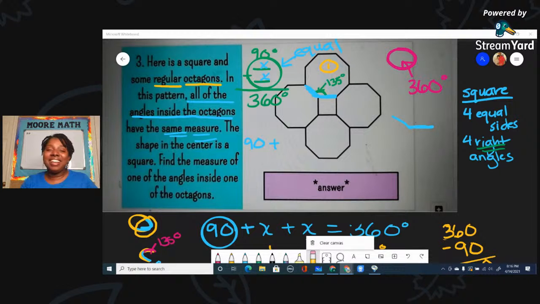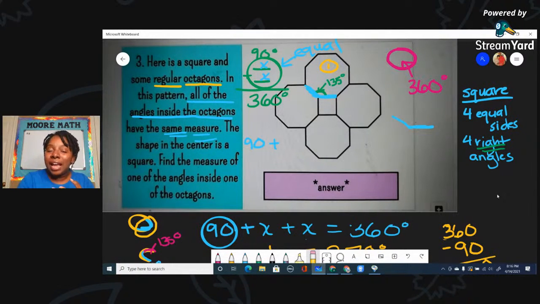All right. That was awesome. I love doing this. So at any time, if you're just joining us, welcome. We just had our first guest, and that was incredible. She did an amazing job understanding what a regular octagon is. She knew exactly some of these math facts, like that a square has 4 equal sides and 4 right angles.